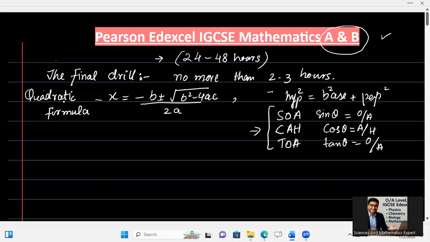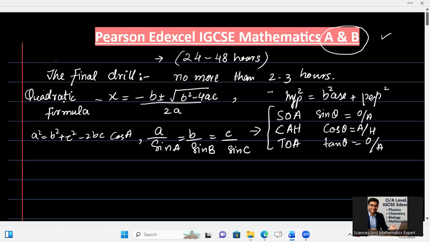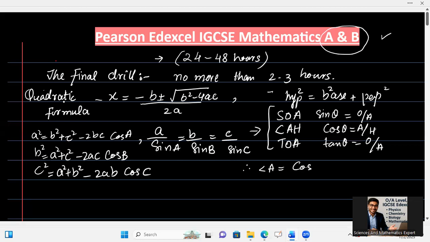Also write down the law of sines: a over sine A is equal to b over sine B is equal to c over sine C. Also the law of cosines: a square is equal to b square plus c square minus 2bc cos A, b square is equal to a square plus c square minus 2ac cos B, and c square is equal to a square plus b square minus 2ab cos C. And for angles, if you want to calculate angle A, go for cos inverse of b square plus c square minus a square over 2bc.